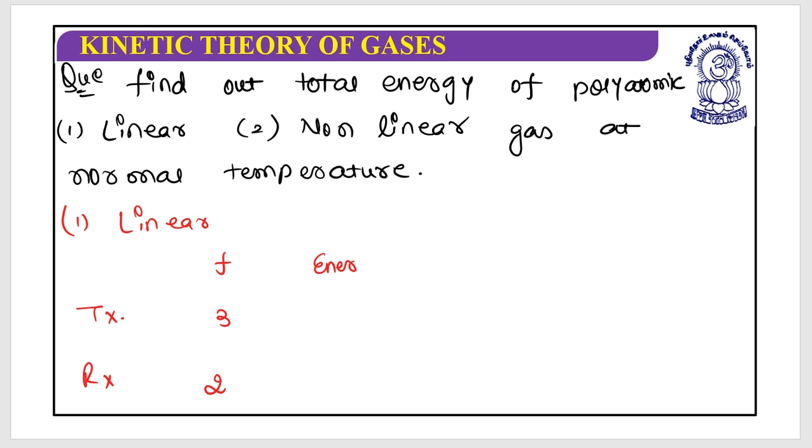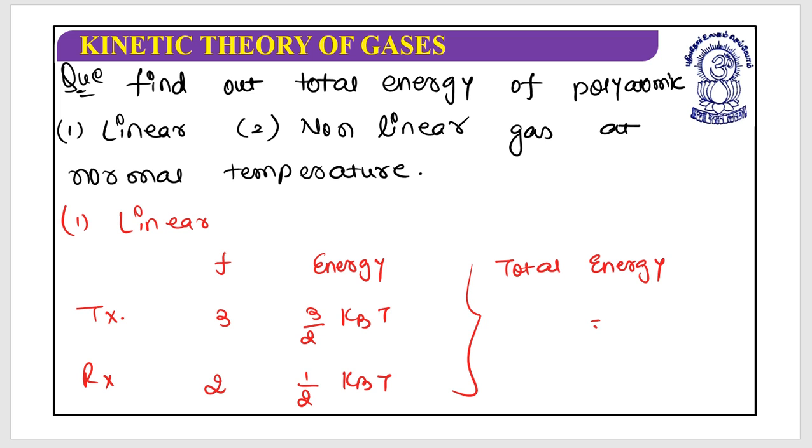So the energy associated with translation is 3 by 2 kBT, and with rotation it is 2 into 1 by 2 kBT. So the total energy is 3 by 2 plus 2 by 2, which is 5 by 2 kBT. I hope this is clear.